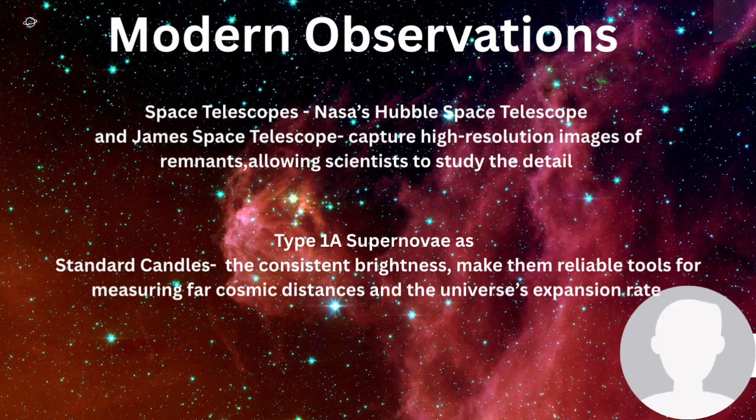And during my research, I found two important ways that in modern day we observe these supernovas. One of them is obviously these advanced telescopes, NASA's Hubble Space Telescope and the James Webb Space Telescope.